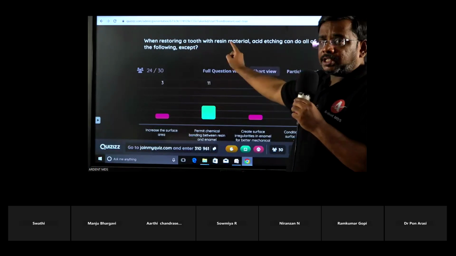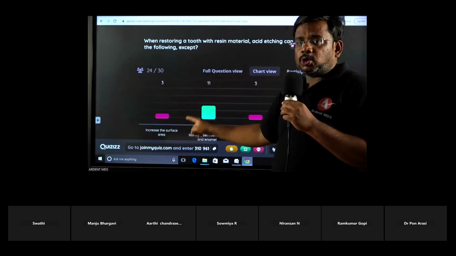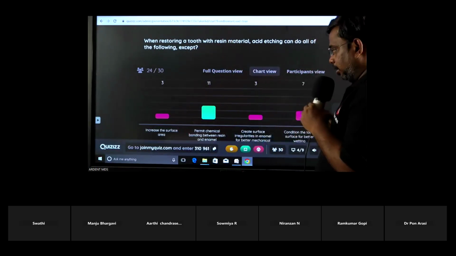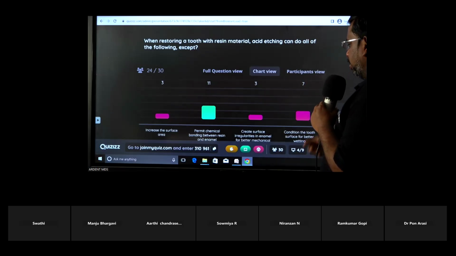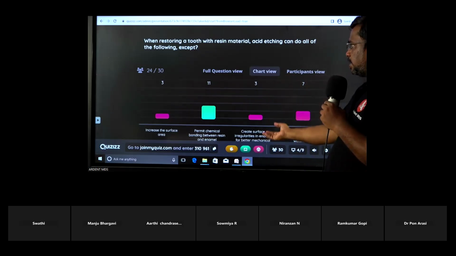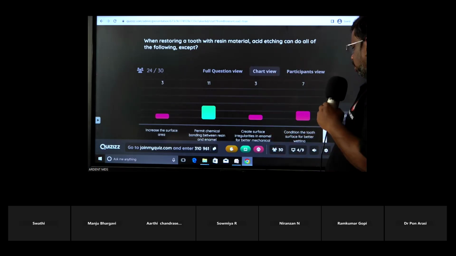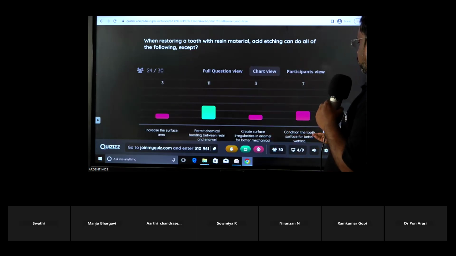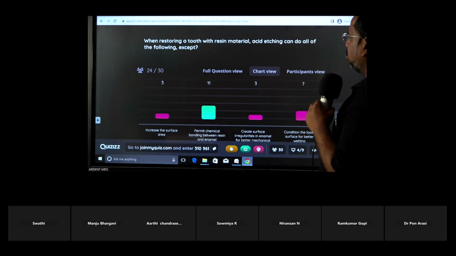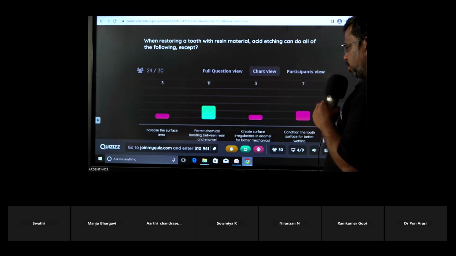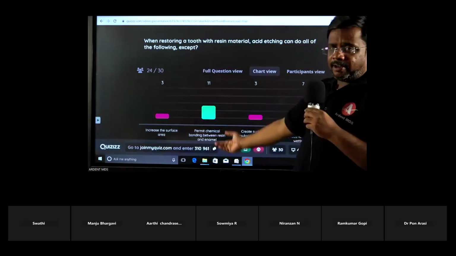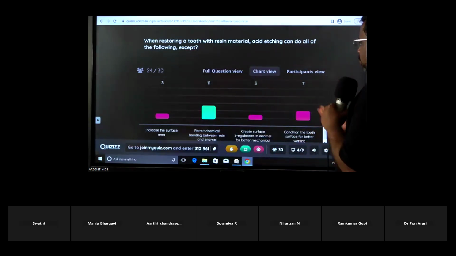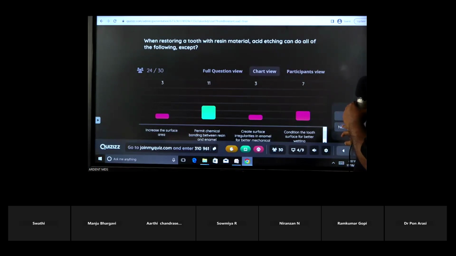Only if they specifically ask you about dentin, then you should go for decrease the surface energy. Overall tooth or enamel means increase the surface area. Create surface irregularities, yes, it is correct. Condition the tooth surface for better wetting, this is also correct. Acid etching does the conditioning also, so it gives better wettability. But obviously the second option is so wrong. I don't know why so many of you got this question wrong. So easy question.